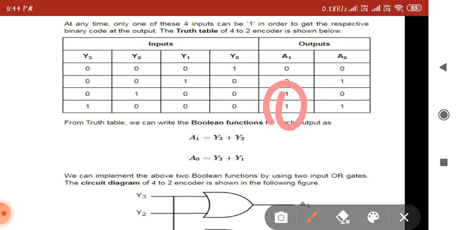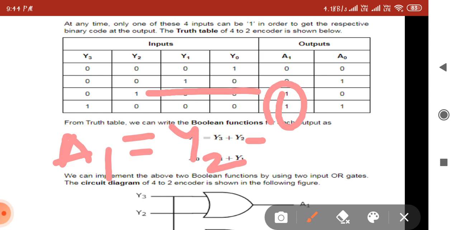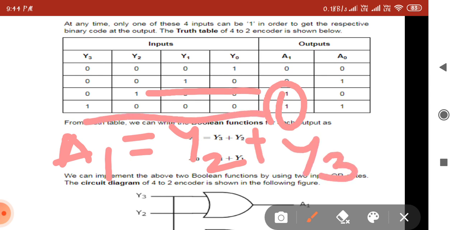In A1 equals to, these two are high. Which of them are high? y2 plus y3. So A1 equals y2 plus y3.